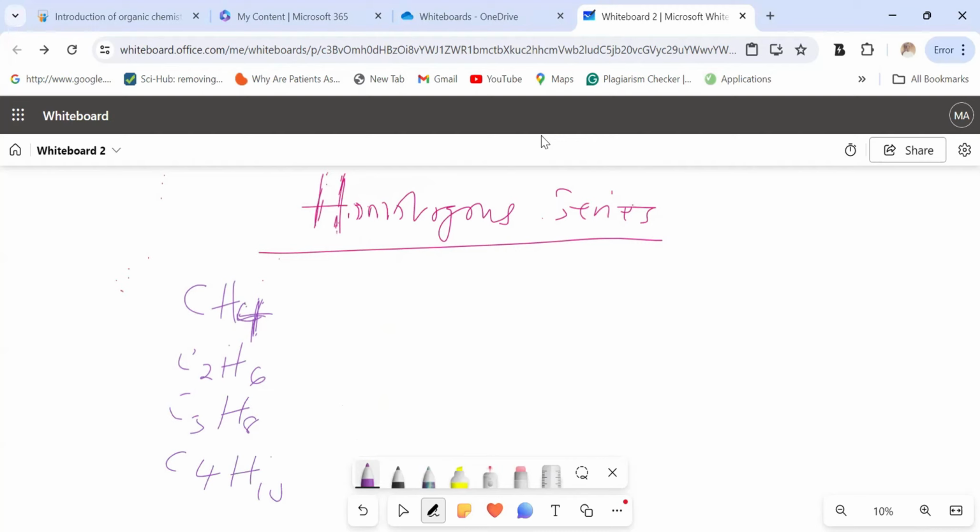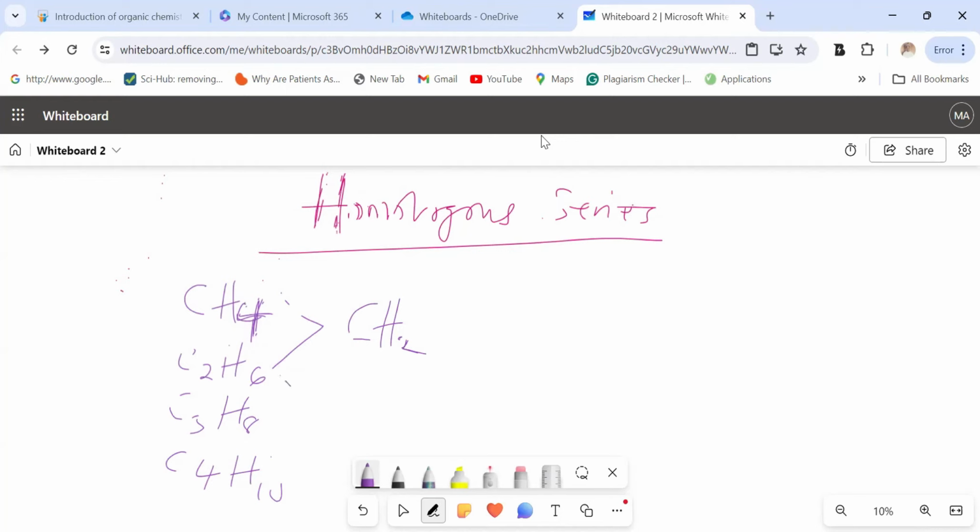So what do we mean by homologous series? Now between C2H6 and CH4, what is the difference? H6 minus H4, we have H2. Then C2 minus C, we have C. So that is CH2. So between these two, they differ by CH2.